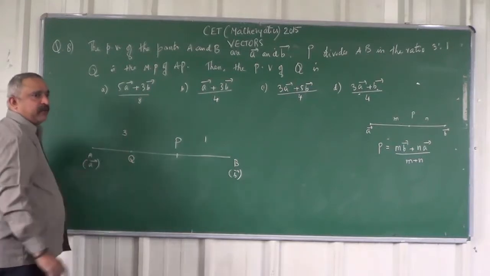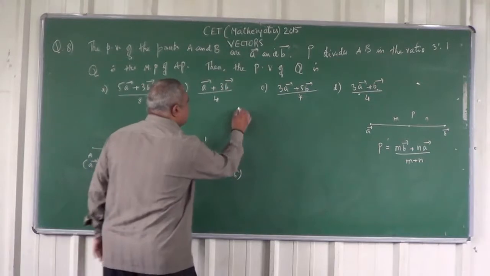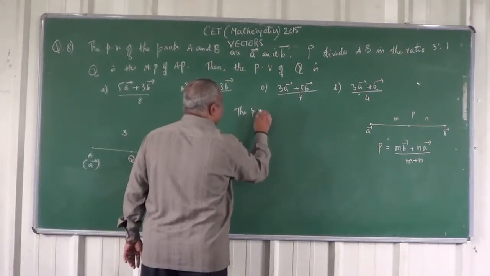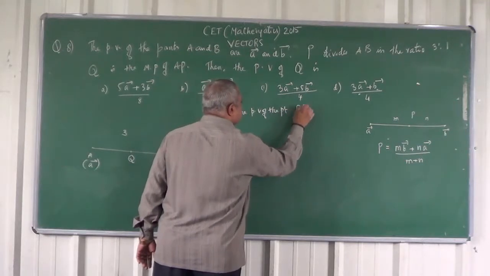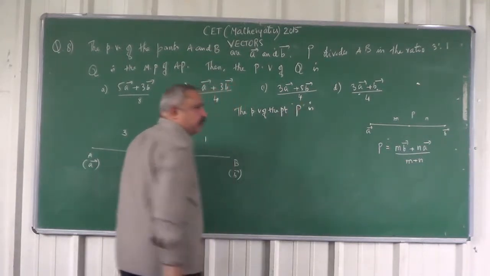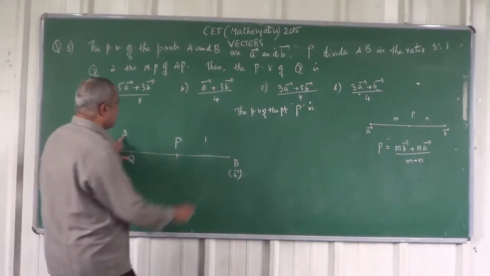Then we will use the midpoint formula. Now, the position vector of the point P. Can you tell me what is the position vector?